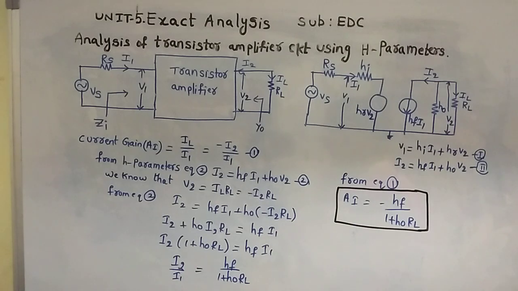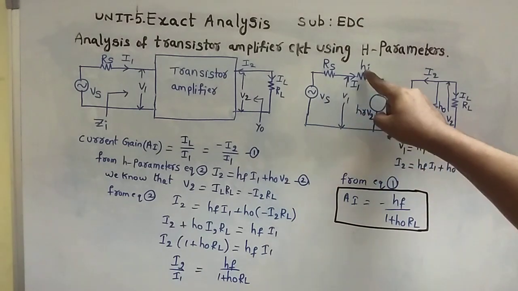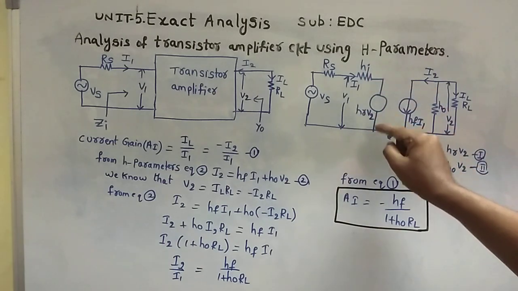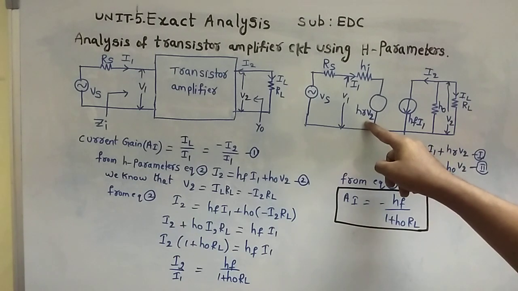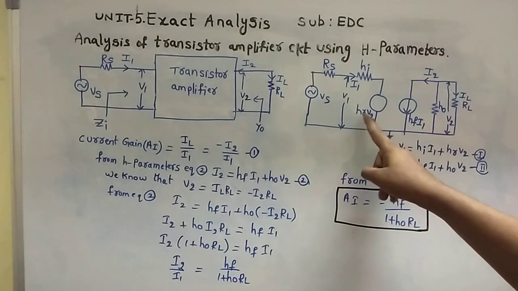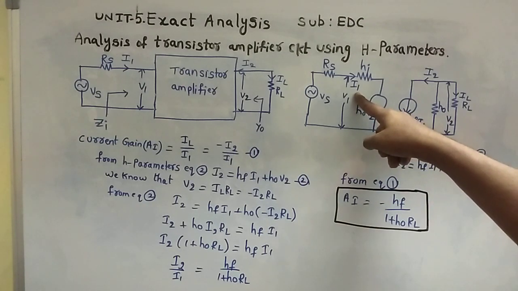For example, he may ask in the examination, find the current gain for the common emitter configuration using the hybrid model. You may take Vs, Rs in place of Hi, Hie, and in place of HR, HRE. For common emitter configuration, the output voltage is VCE, and the input current is IB.